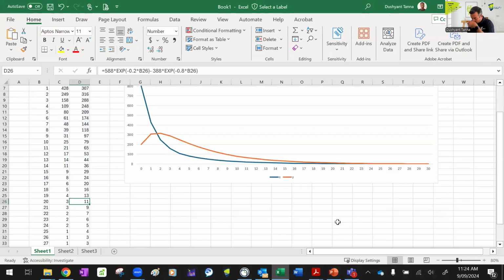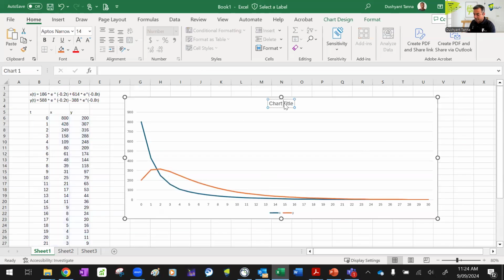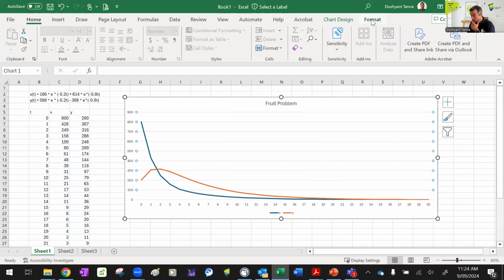Cool. So this is how you plot them in Excel, and then you can make it very fancy. Just FYI, you can call it whatever you like. Yeah, that's done. If you want, you can go for this or go for format.